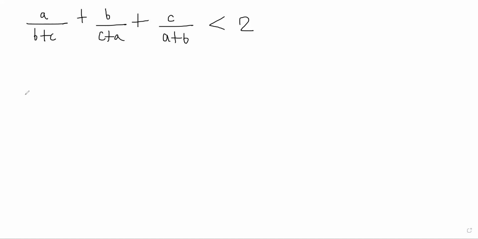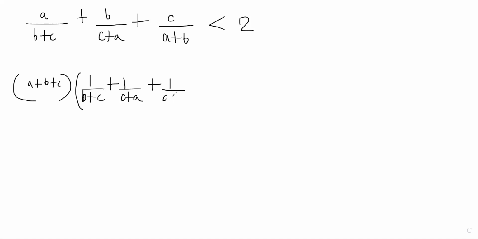Then you would have (A plus B plus C) common. 1 by (B plus C) plus 1 by (C plus A) plus 1 by (A plus B) is less than 5, right? And that would mean that if you take it as x, y, z, you get 1 by x plus 1 by y plus 1 by z.